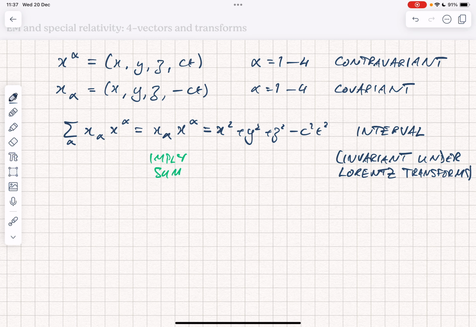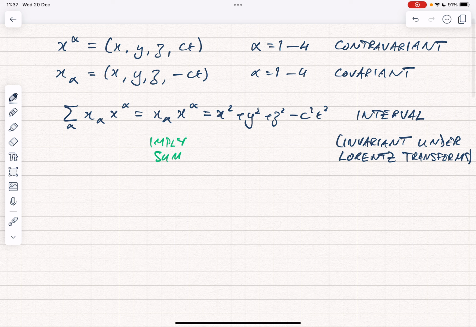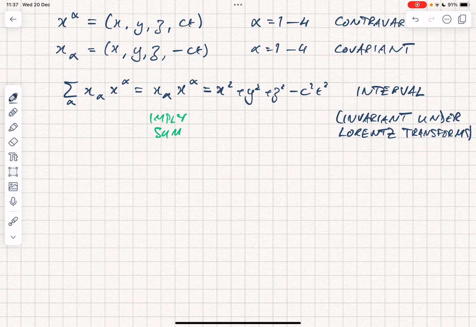So, how do we transform between covariant and contravariant indices? Well, we're going to use what's called a tensor. It's a second-rank tensor. Fundamentally, it's a matrix. So we write the following. We say that X subscript alpha is equal to G subscript alpha beta X superscript beta. And you'll notice now, of course, that because we've repeated the index beta and because they are opposed, we will then sum over beta.